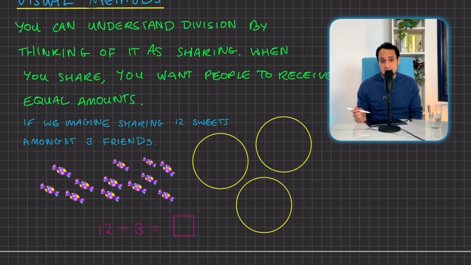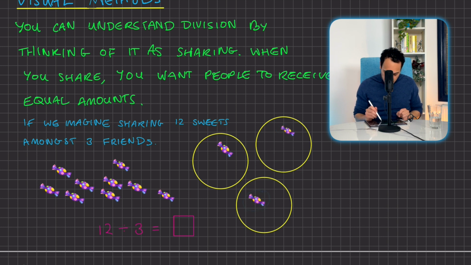When you're first starting out with division, it's good to think of it more visually. I'm going to move one at a time. So I can move one there, one into there, one into there. I can keep moving them over until I've shared them equally.